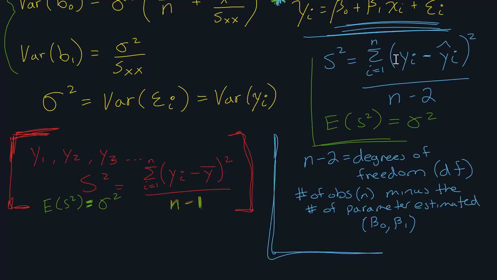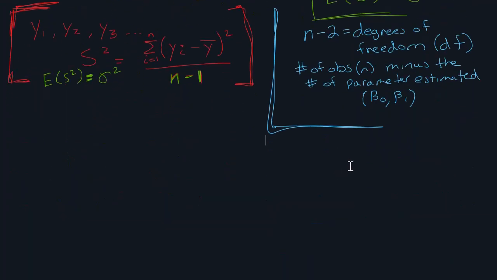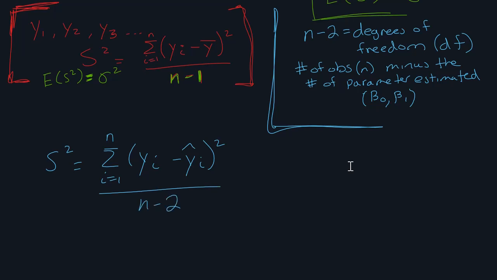Another thing I want to mention about this formula, I'm going to write it again down here. s squared equals the sum of yi minus y hat squared, divided by n minus 2. The difference yi minus yi hat, where yi hat is the predicted value of y, is the error.